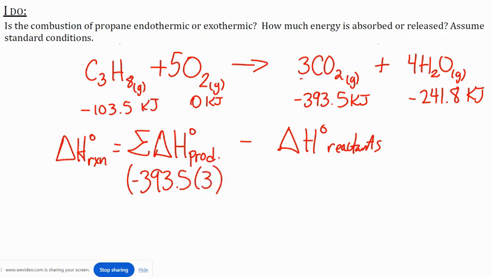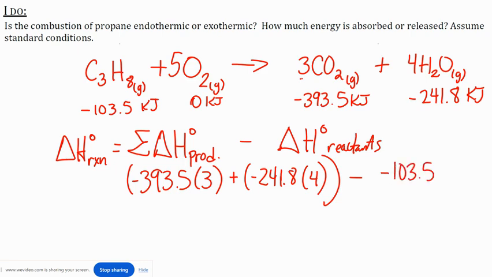And then I'm going to add my negative 241.8 times 4. And then I'm going to subtract negative 103.5 for this guy. And I don't need to multiply it by anything because its coefficient is 1.